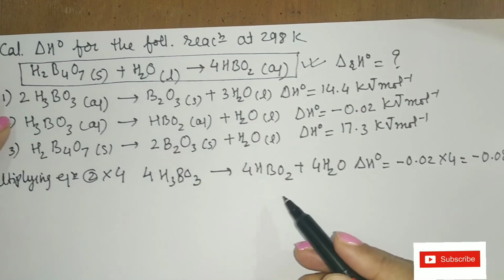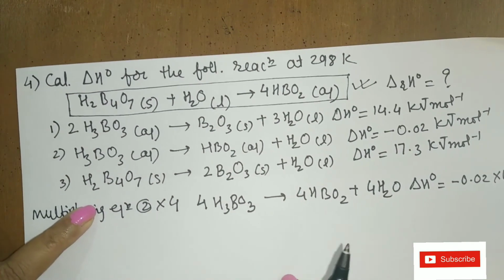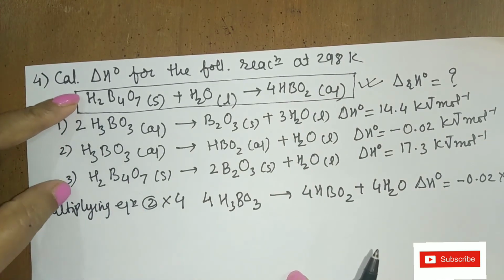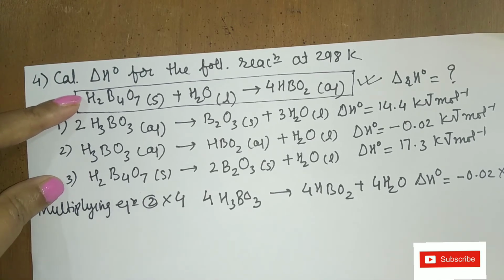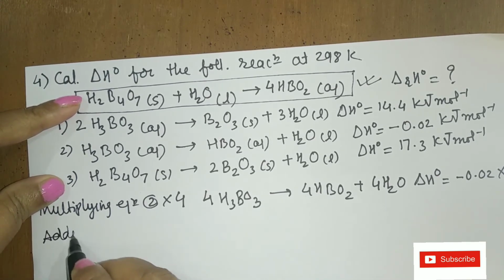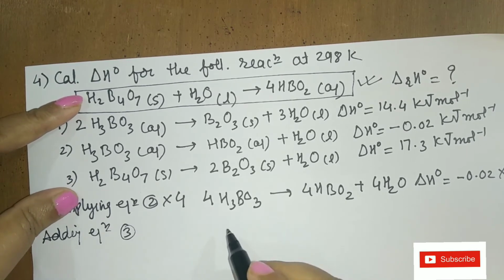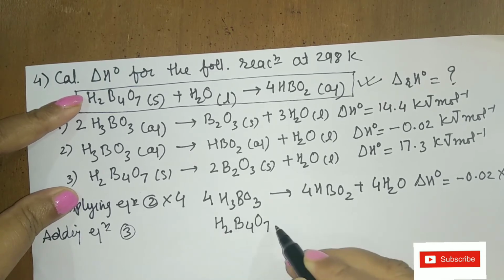Now what I want next is H2B4O7 on the reactant side. If I see this, I have H2B4O7 in equation 3. So now adding equation 3 here. So let us simply add equation 3. What I will get is H2B4O7.